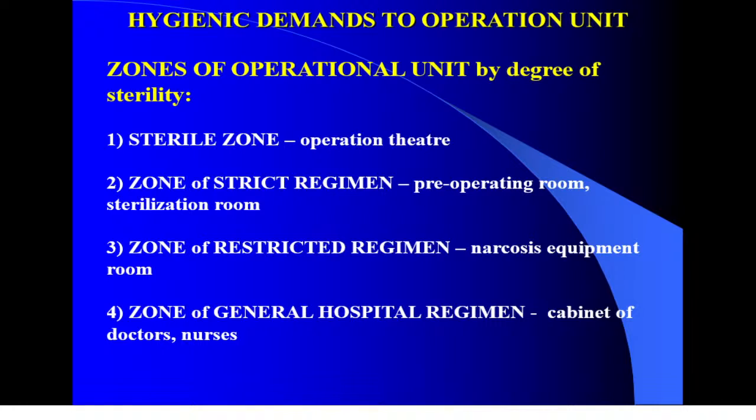Next zone of strict regimen: pre-operating room and sterilization room. Next zone of restricted regimen: narcosis equipment room. And zone of general hospital regimen: all other premises in operation unit, cabinet of doctors, nurses room, in total premises for medical staff.